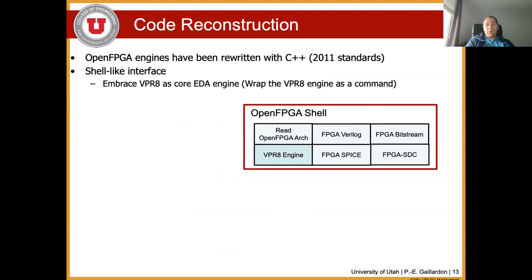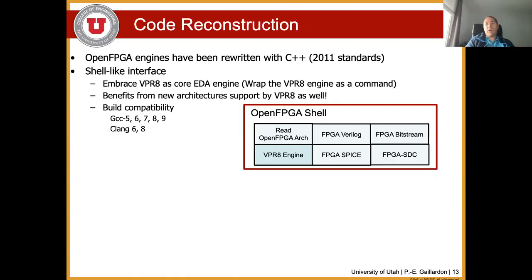So it's using a very modern implementation that is based on the latest VPR8 core engines. It really follows what's going on in the community, and that way we support all the work and efforts done by the University of Toronto or Google with SymbiFlow. All of that is part of our effort.